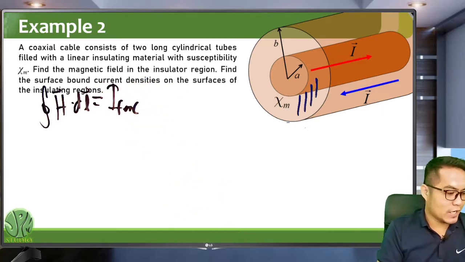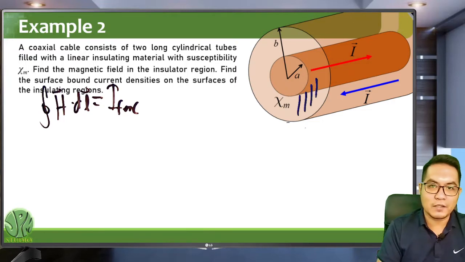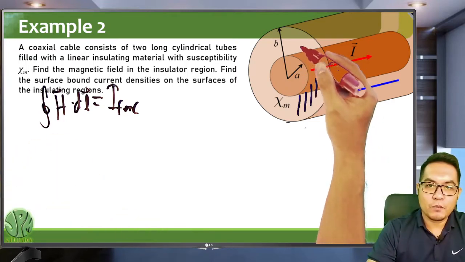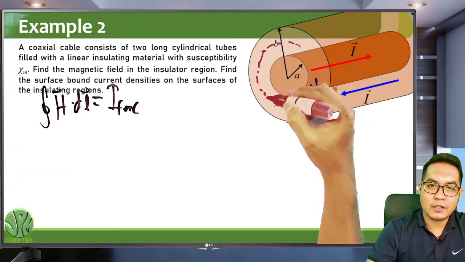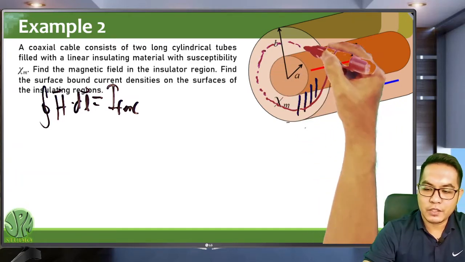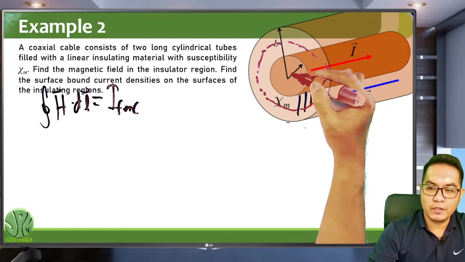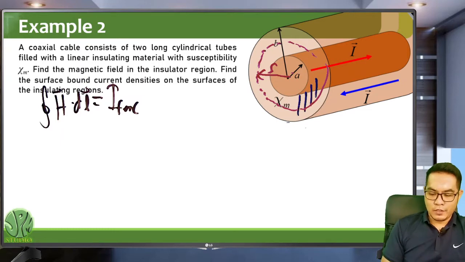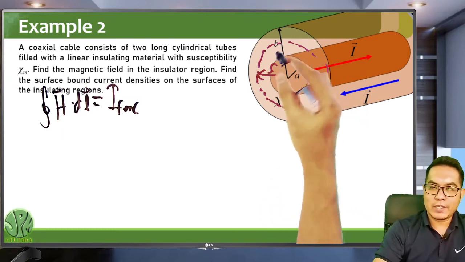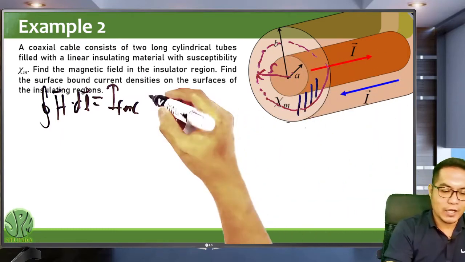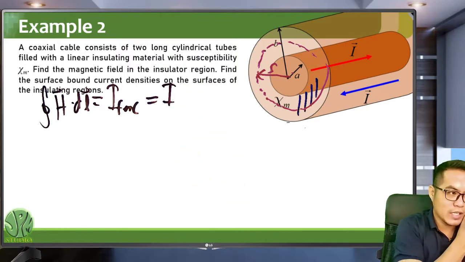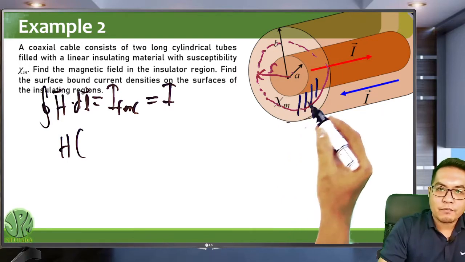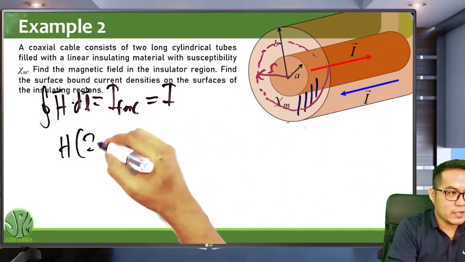Since in this case our currents are moving along the axis of the cylinder, our Amperian loop will be a circle. This circle is our Amperian loop, with radius S. The free current enclosed by this loop is obviously I. So this reduces to H times the length of our loop, which is 2 pi S.